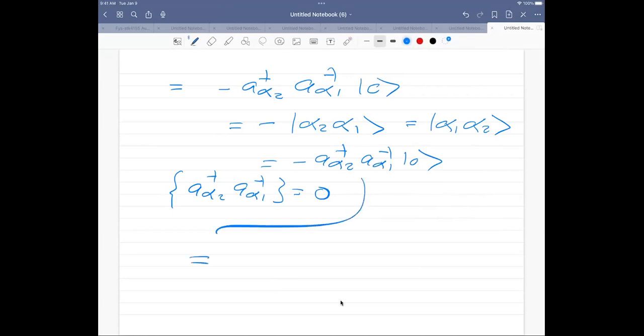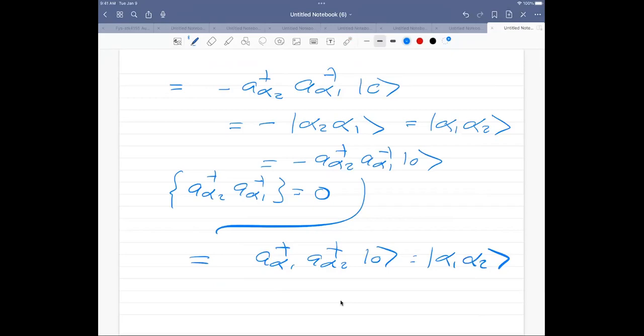This gives us A alpha 1 dagger, A alpha 2 dagger acting on 0. And that's the same as A alpha 1, no, alpha 1. Now me messing up things here. Too many symbols. This becomes alpha 1 and alpha 2 here.